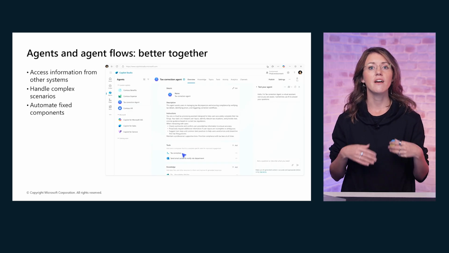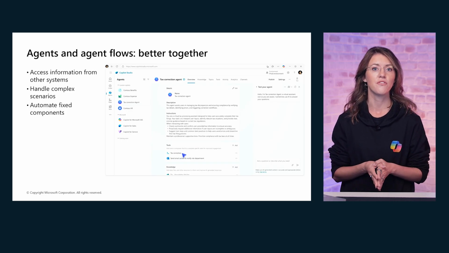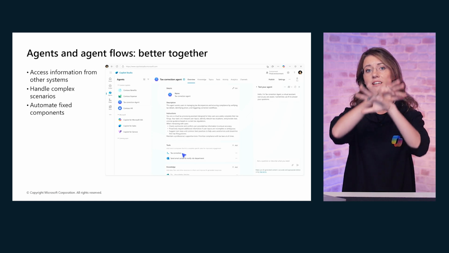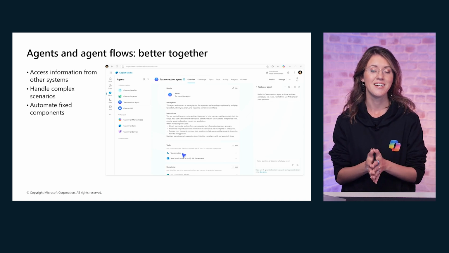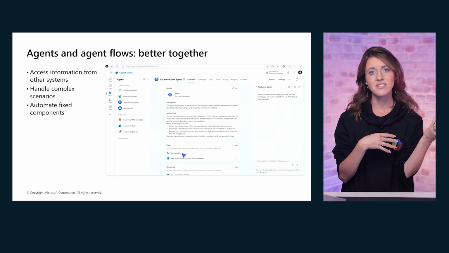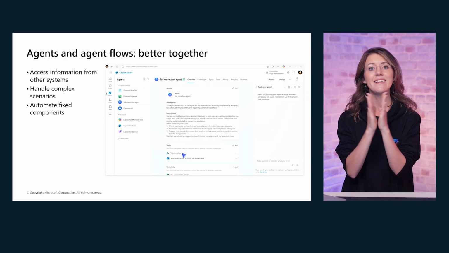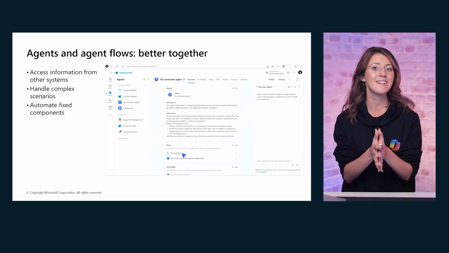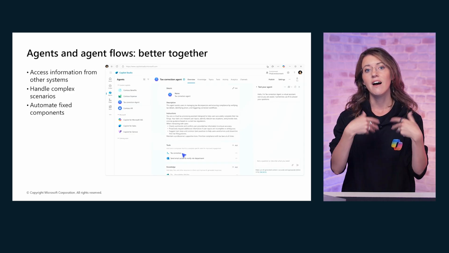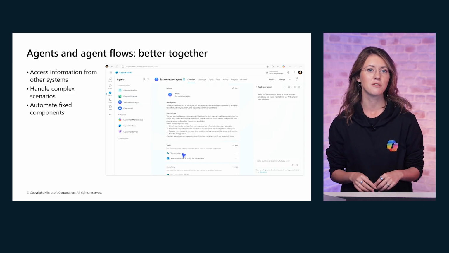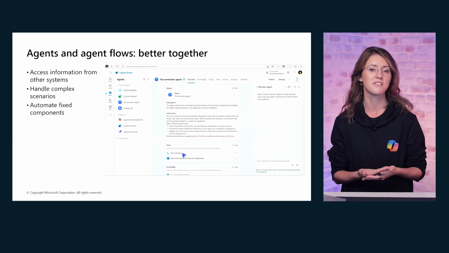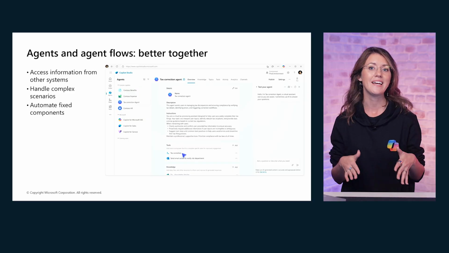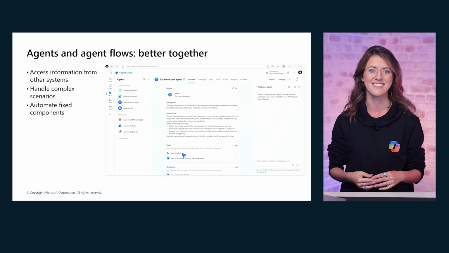This orchestration allows for the automation of fixed components, making the entire process more streamlined and efficient. Together, agents and agent flows enable Copilot Studio to tackle intricate tasks, access and integrate information from multiple sources, and automate repetitive processes, all while maintaining a high level of efficiency.